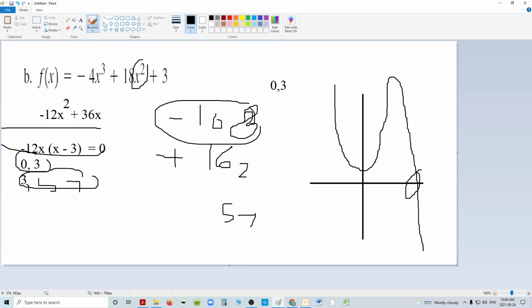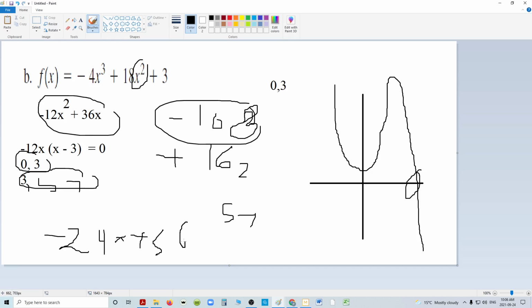And because my factors for these were clean, let's take a second derivative and figure out where the inflection point is. I get minus 24x plus 36, which means x is, no, 3/2, 1.5, is the inflection point, which makes sense.